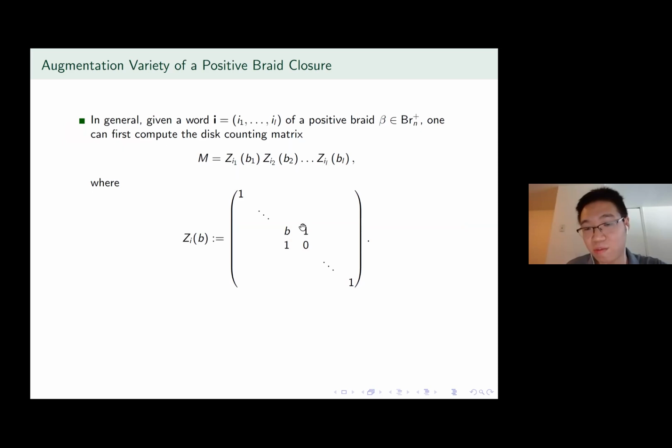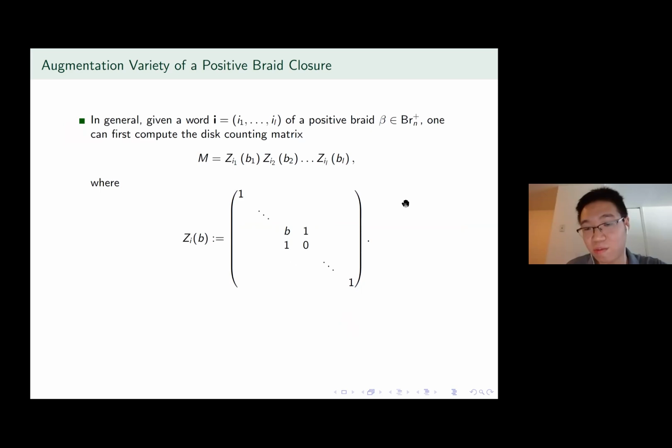You put this B block inside a matrix and call it Z sub i, where the i tells you which block you put in, the i, i plus 1 block. Then you just do this matrix multiplication. At the end, you get an n by n matrix.